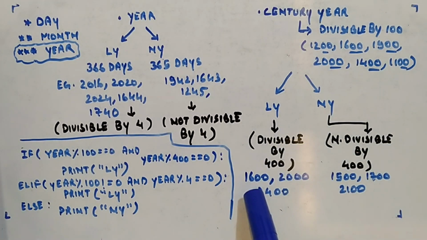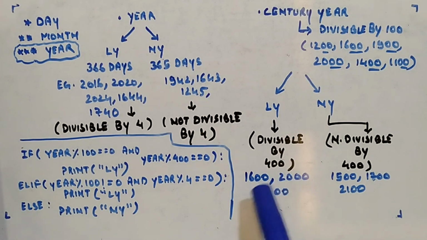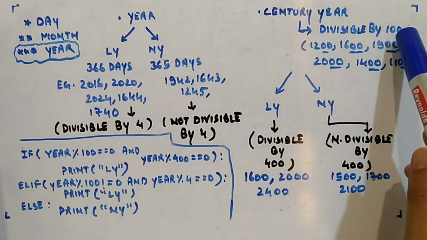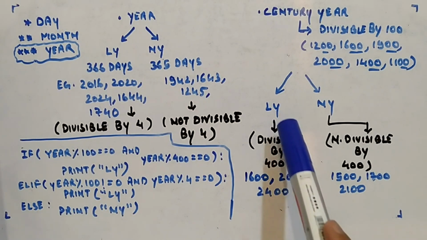For example, 1600 is divisible by 400, 2000 is divisible by 400, 2400 is divisible by 400. These numbers are divisible by 400, and they are also divisible by 100. So they are century years and divisible by 400. That is why they are leap years.